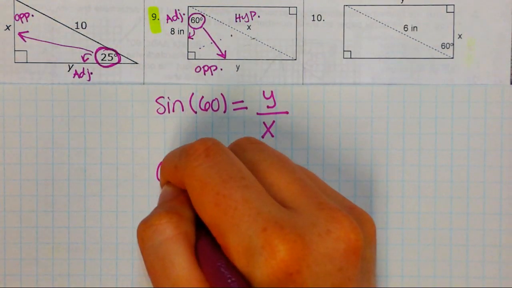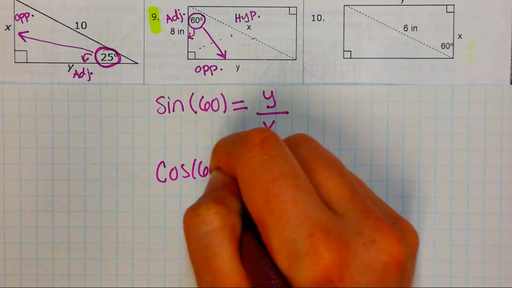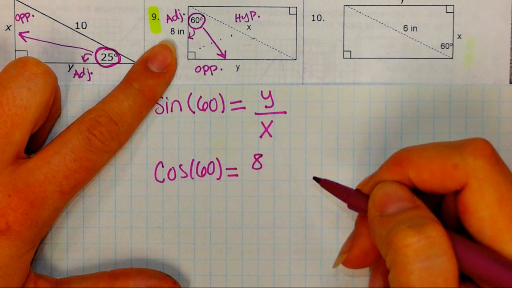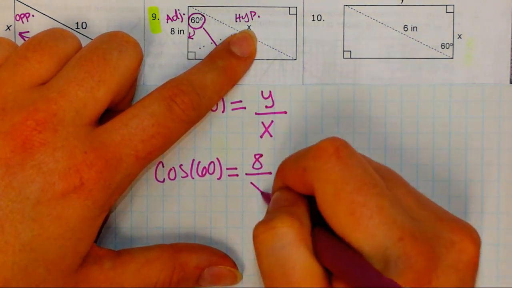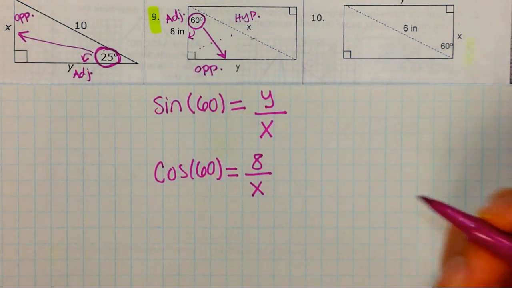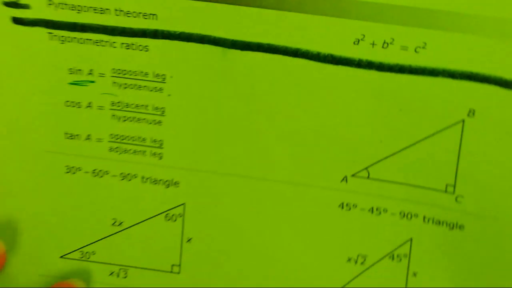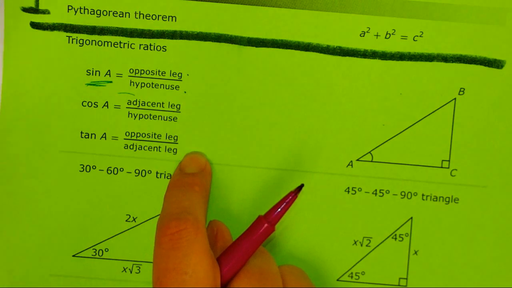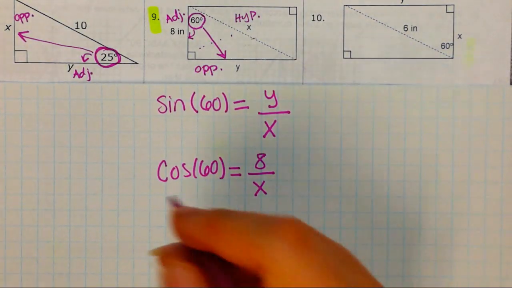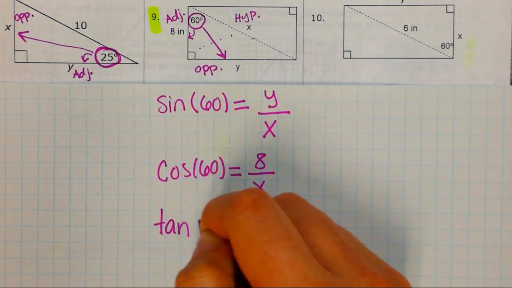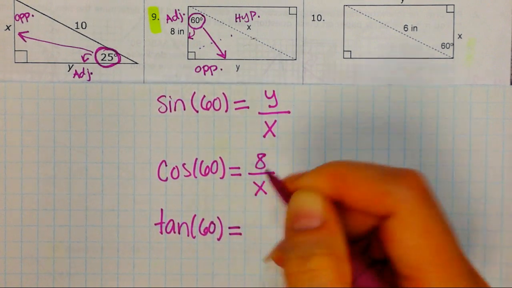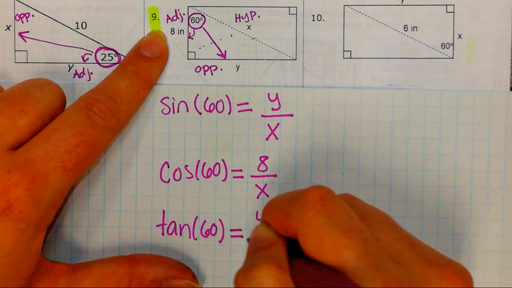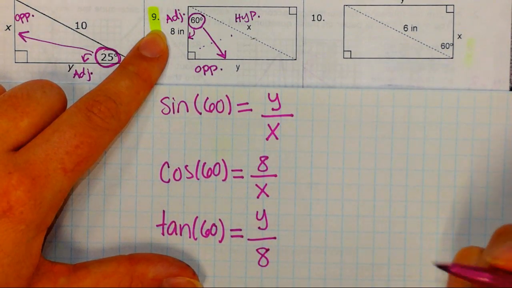So cosine of 60 is equal to the adjacent side, which is 8, over the hypotenuse, which is x. And if I were to use tangent, tangent of A is equal to the opposite leg over the adjacent leg. So tangent of 60 is equal to the opposite side, which is y, over the adjacent side, which is 8.